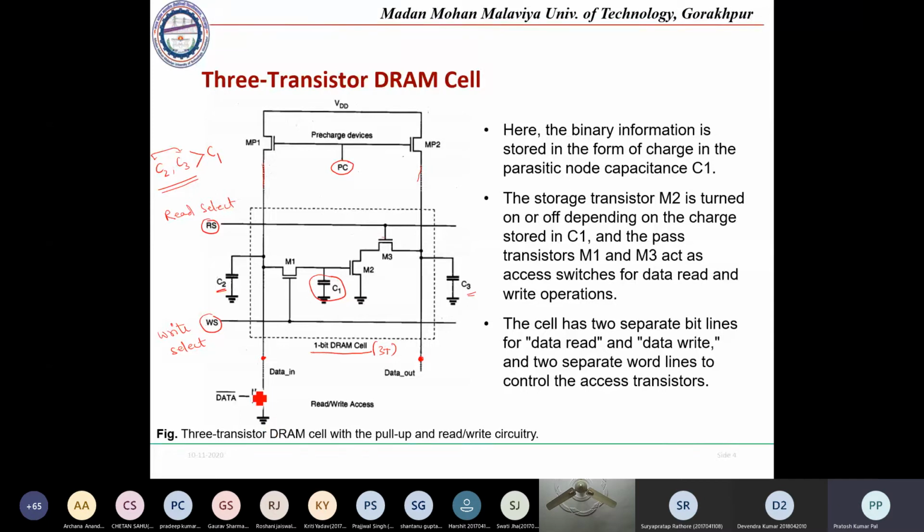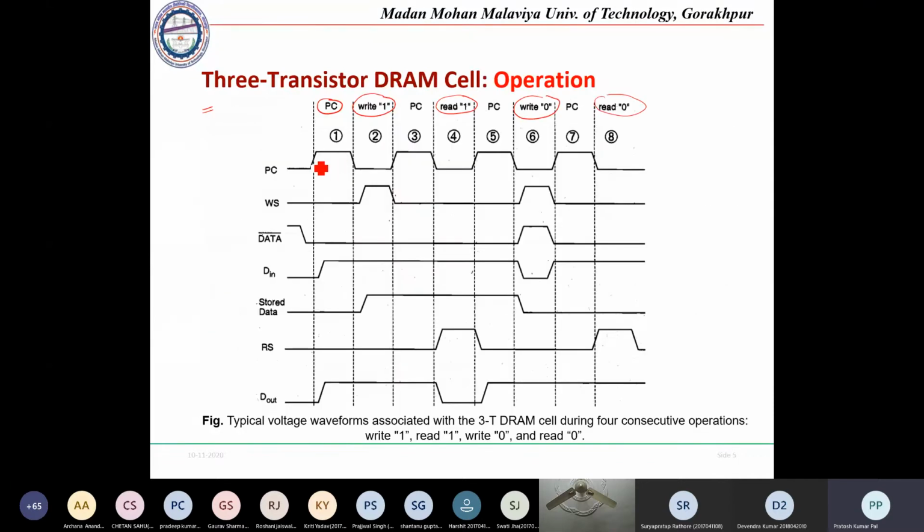So while pre-charge is high, data bar will be equal to 0. At that time write select and read select will also be 0, because once there is pre-charge there will be no write or read operation.